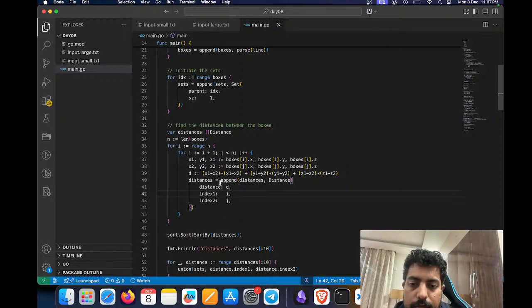So x1, y1, z1, x2, y2, z2, and then boxes i and boxes j, xyz, distances.